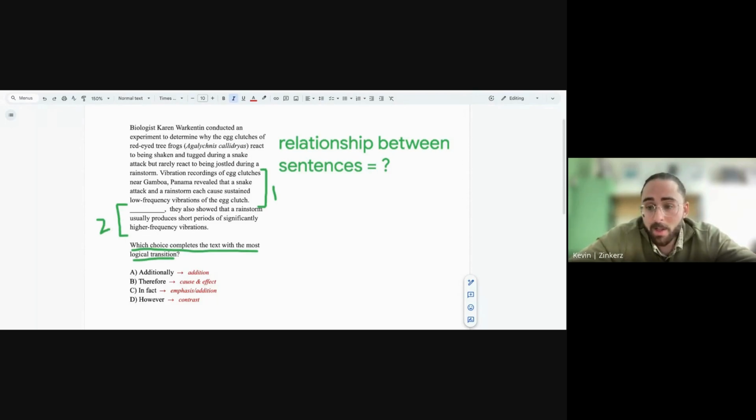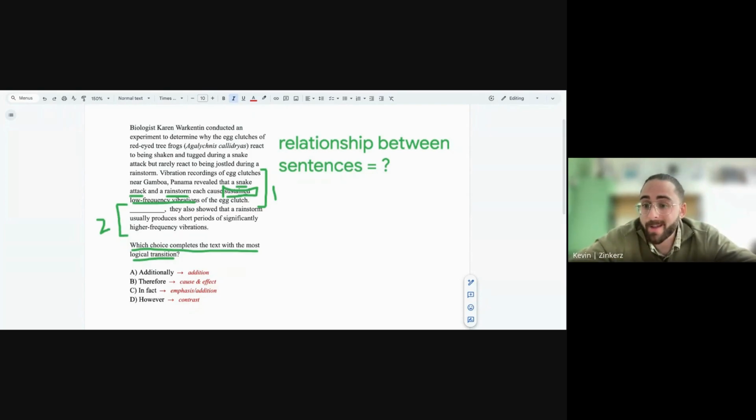There's egg clutches, basically eggs of these frogs, and what they found is that when there's a snake attack and when there is a rainstorm, that causes the same thing to happen. And in this case, that is sustained low frequency vibrations. Sustained, of course, meaning something that happens over time. Low frequency vibrations, it's just vibrating not very quickly.